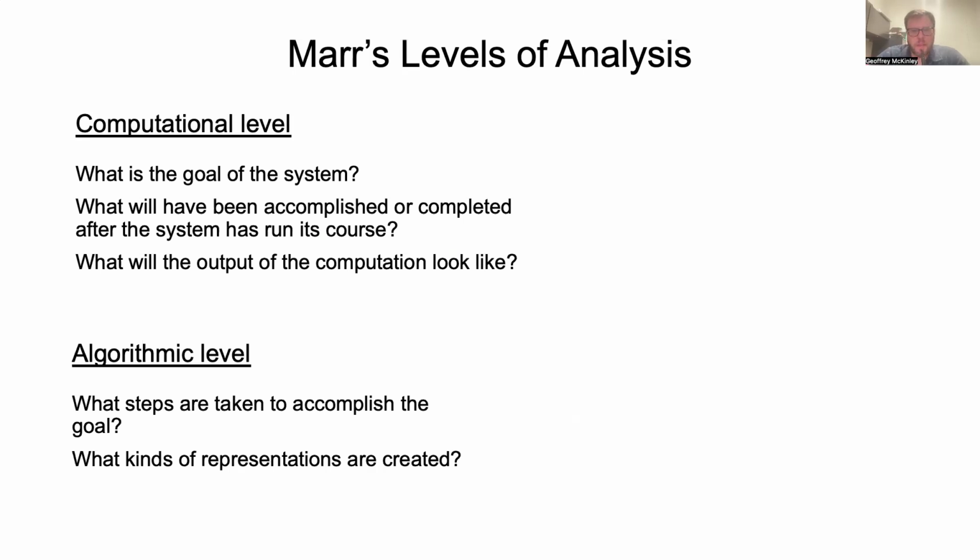What is the nature of the representations and the algorithm, right? As I discussed in the intro lecture, some representations are easier to manipulate than others, and some algorithms are more conducive to different types of representations.